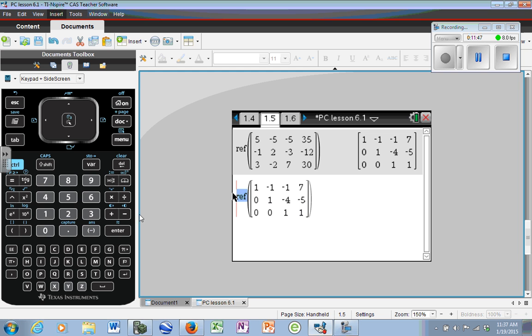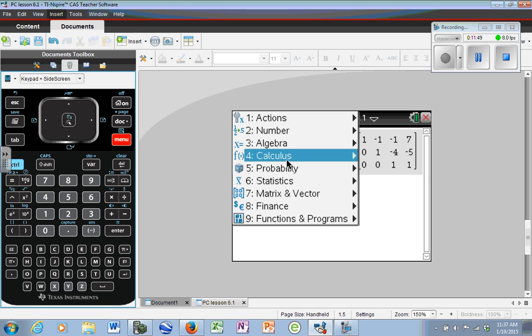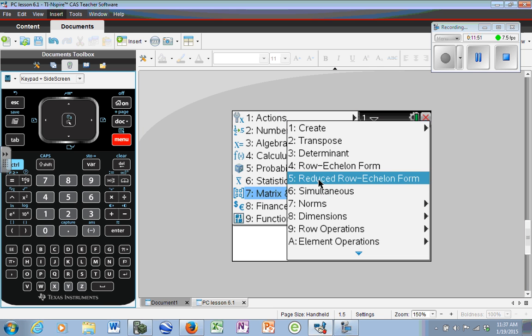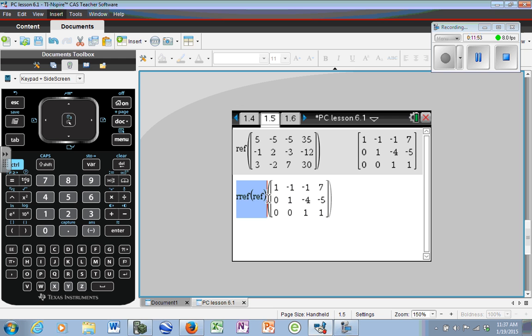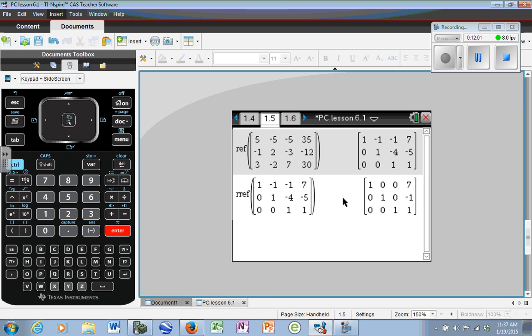Actually, I don't want to do that. I want to do matrix and vectors. I'm going to do reduced row echelon form. Back up just a smidge here. Okay, I think we're ready to go. And it turns into that right there, which I already told you the answer for that matrix was 7, -1, and 1. There it is.